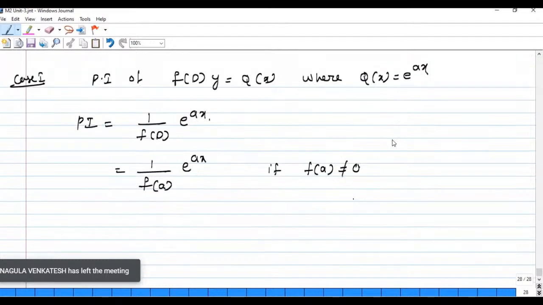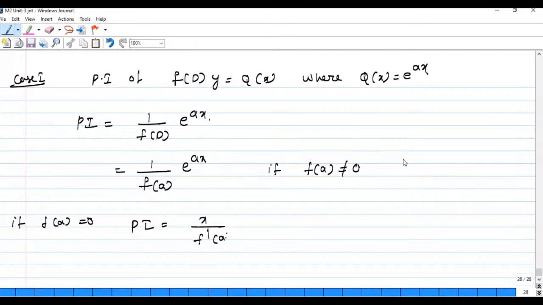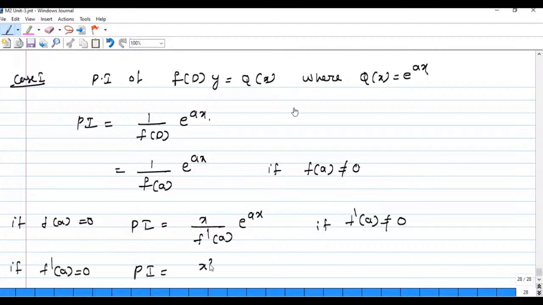Next, if f of a is equal to 0, P.I. is equal to x by f dash of a into e power ax, if f dash of a is not equal to 0. Suppose f dash of a is 0, then P.I. is equal to x square by f double dash of a into e power ax. This is if f double dash of a is not equal to 0, and so on.